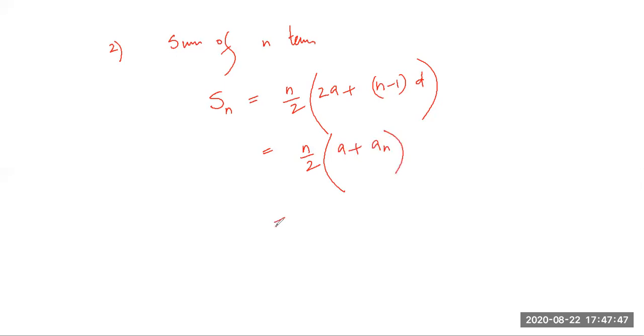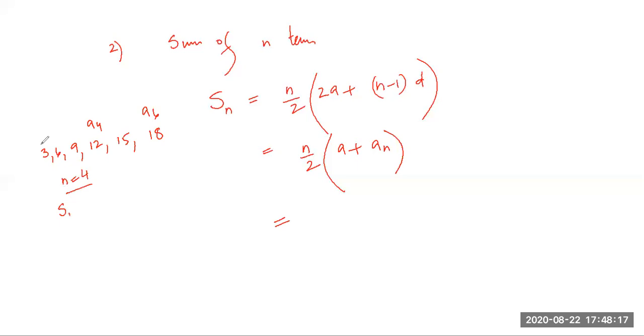And students, there could be an arithmetic progression like maybe 3, 6, 9, 12, 15, and let's say 18. So this is my 1, 2, 3, 4, 5, 6. This is my A6 and this is my A4, right? Let's say when n is equal to 4, what is Sn?